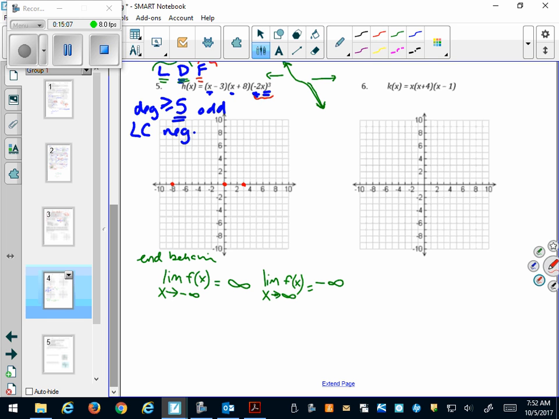Remember, you're getting the zeros by setting each of these equal to 0. Well, negative 2x equals 0, you would just divide by negative 2, you would get 0, right? So that's where our other 0 is.